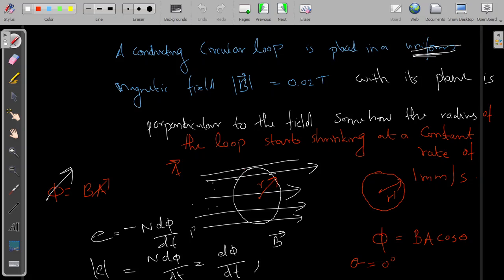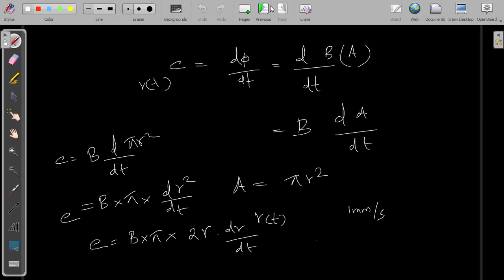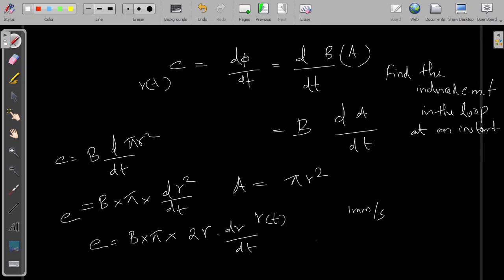In our question he has given that our aim is to find the induced EMF in the loop, the magnitude of the induced EMF in the loop at an instant when the radius is 2 centimeter.